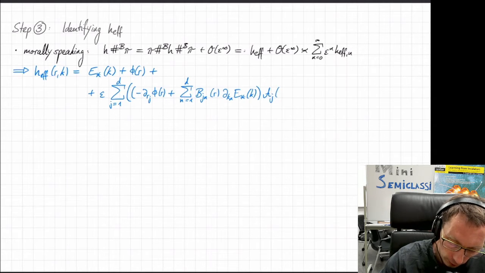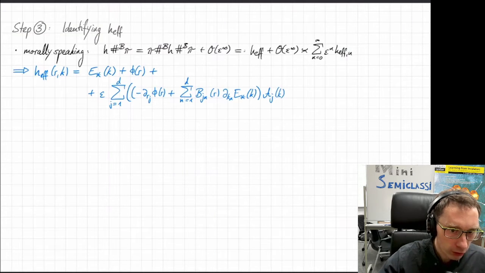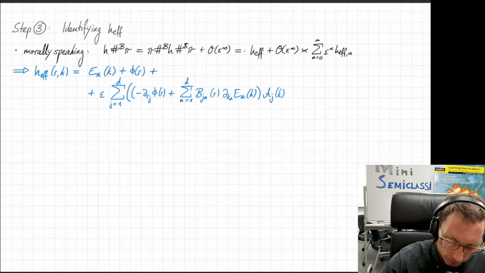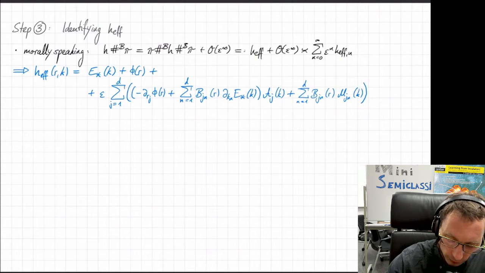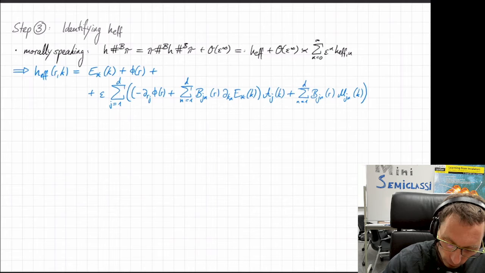I've mentioned this already when I talked about the works of Sundaram and Niu. And then I have the so-called Rammal-Wilkinson term. For the sake of completeness, let me write down what these terms are.